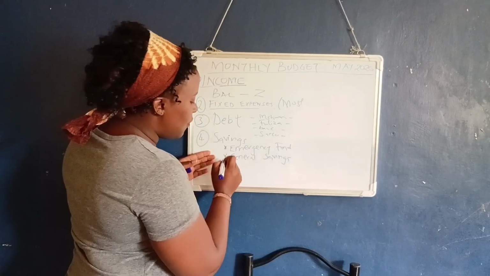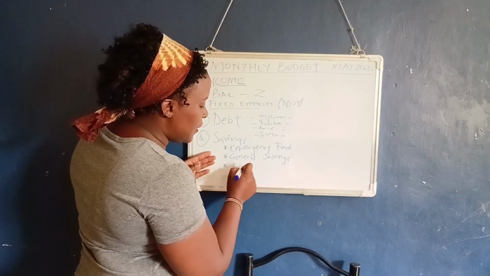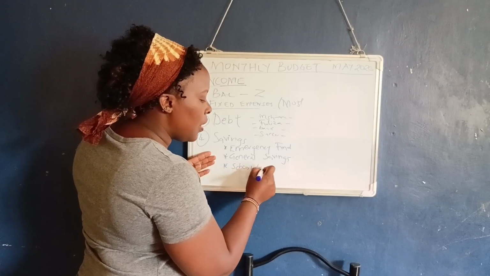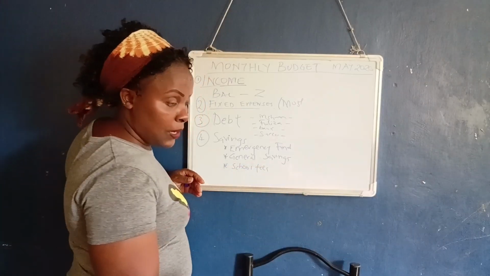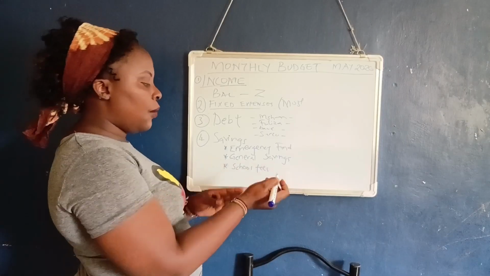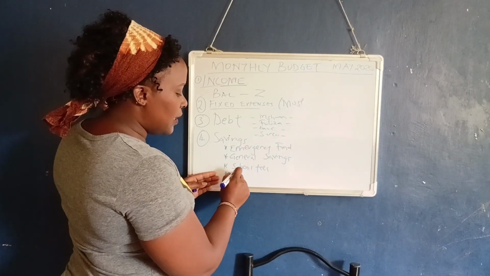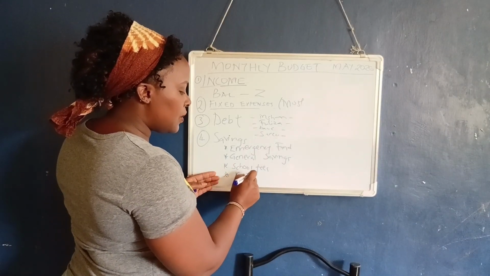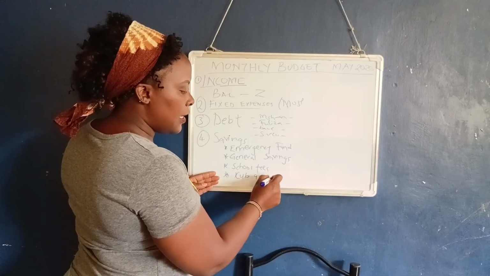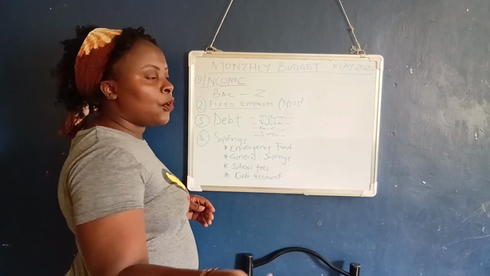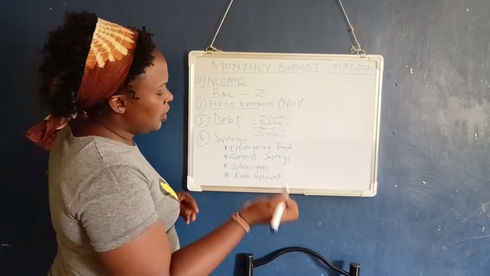And then you have school fee savings. Remember, we wrote it as a fixed expense. Save it in the school fees account. And then you can also save for your kids. You can get them those CAB accounts from any bank in Kenya, Equity, KCB, or the Jubo Junior Corp.